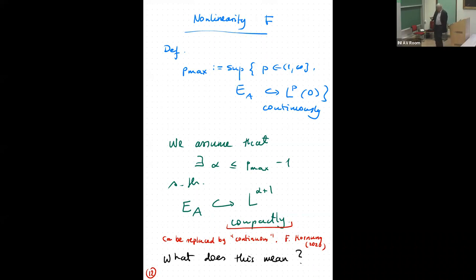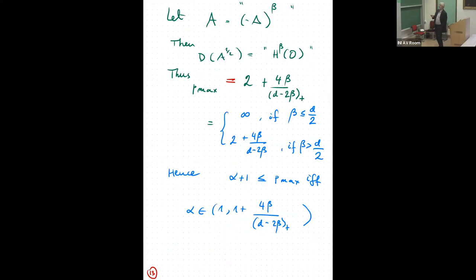And I want to explain what this means in a particular case. So if I consider operator A, which is like minus Laplacian to the power beta, so it could be the Laplace-Beltrami operator, it could be Neumann or Dirichlet boundary conditions, then roughly speaking, the domain of A to the power 1/2 is again, roughly speaking, the Sobolev space H beta. And then you can check, and I have checked the calculations, that this P maximum is equal to this number.